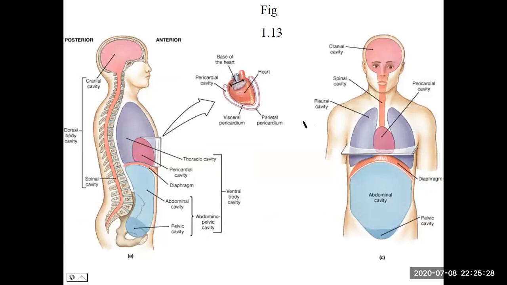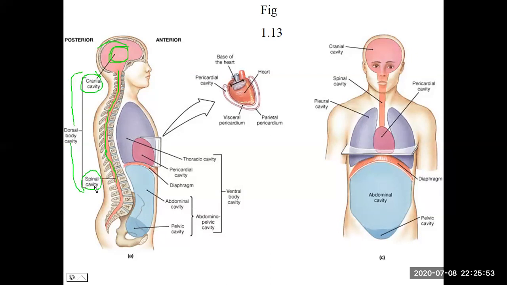And another way to see it is like so. On this diagram, we have a figure of a torso, the brain located in the cranial cavity, the spinal cord passing down the spinal or vertebral cavity. And again, the collection of the two together is called the dorsal body cavity.